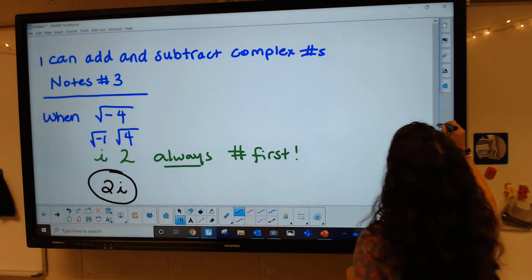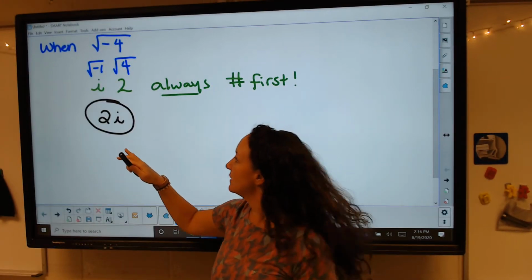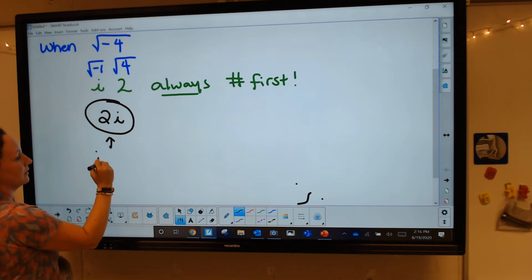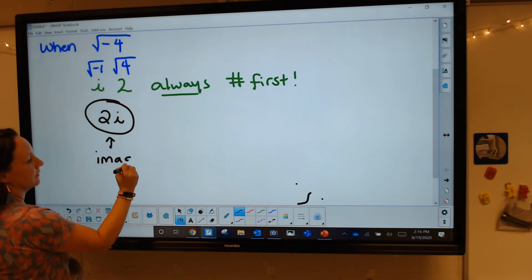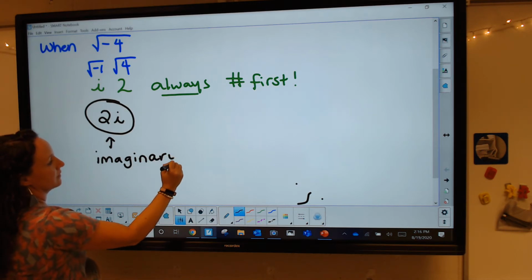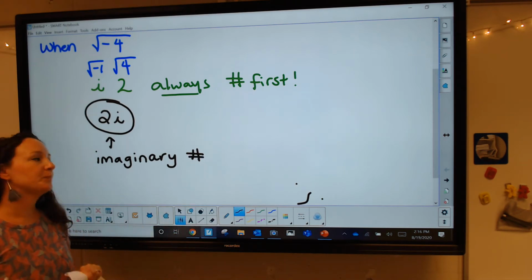So this is considered an imaginary number because it has an i on it.